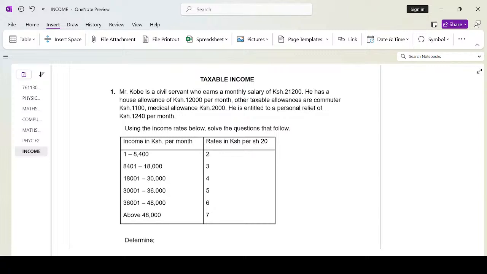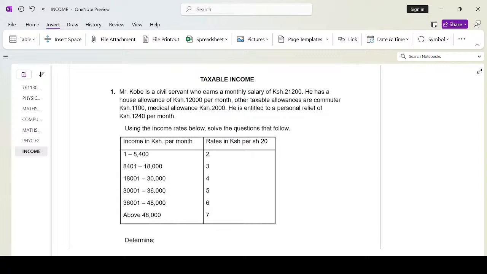And the question says, Mr. Kobe is a civil servant who earns a monthly salary of 21,200. He has a house allowance of 12,000 per month.